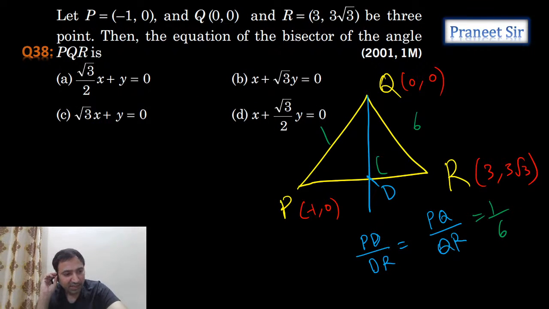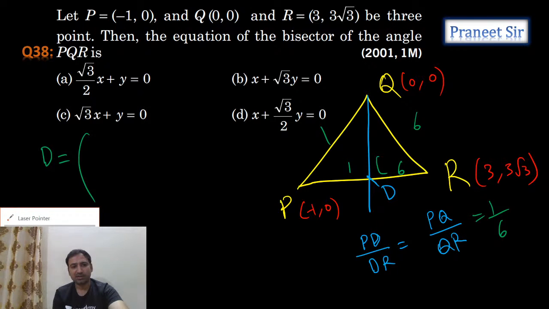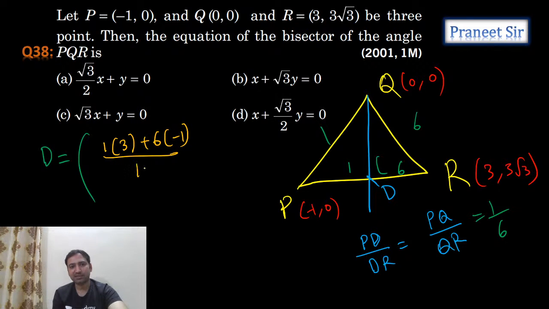Okay, so can we use internal division? So what is the answer, guys? The ratio we are getting is 1:6. Then can I calculate vertex coordinates D if we use the division formula, (mx2 + nx1)/(m + n), comma, (my2 + ny1)/(m + n)?